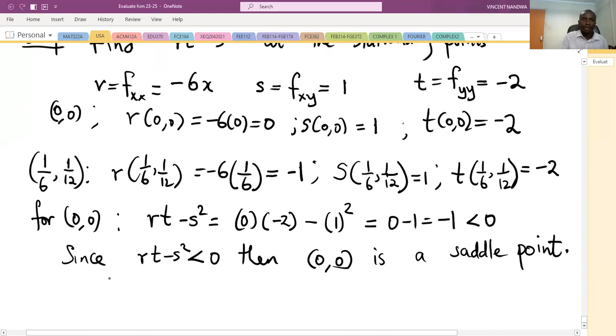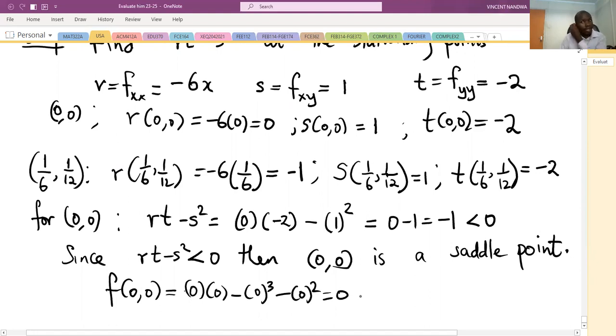And actually the value of this saddle point 0, 0, if you replace x by 0, we have 0, 0 minus 0 cubed, and then minus 0 squared. So the value of the function at this saddle point is just 0.